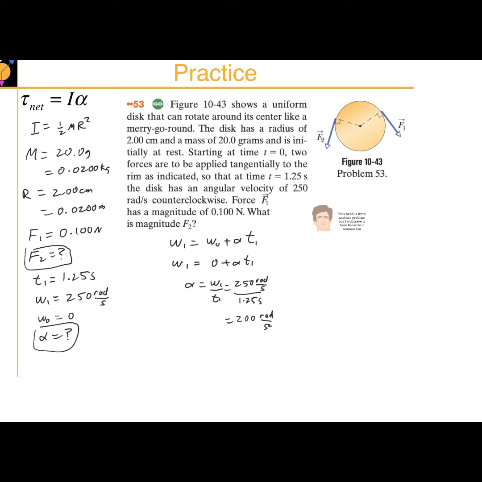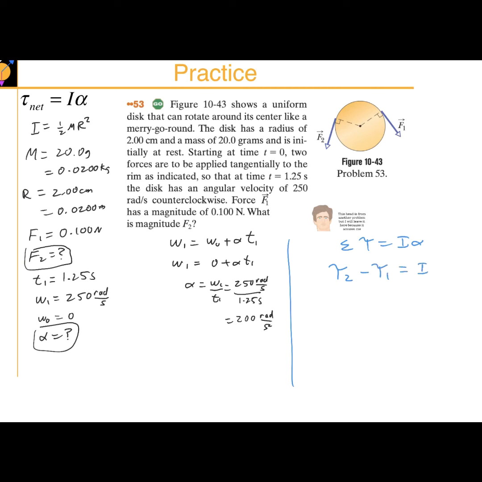And to find F2, we're going to use our sum of the torques is equal to I alpha. So there's 2 torques. One's going to be positive, one's going to be negative. The one that's counterclockwise is going to be positive. So F2 is producing a counterclockwise torque, and F1 is producing a clockwise torque.